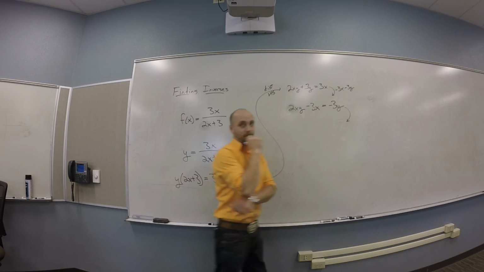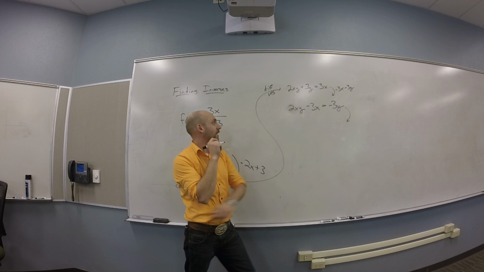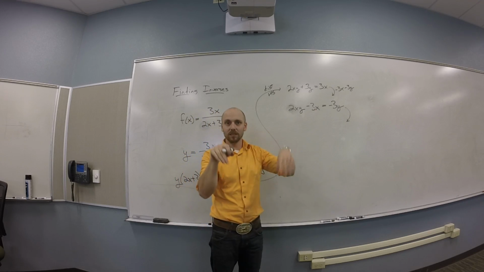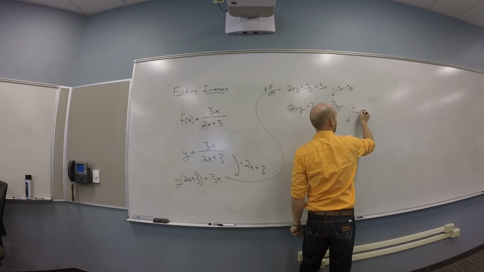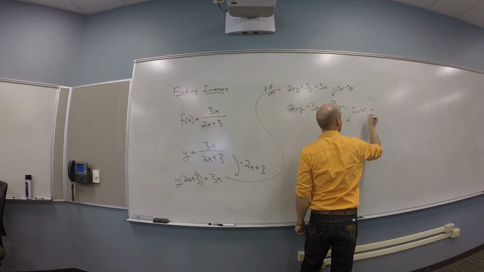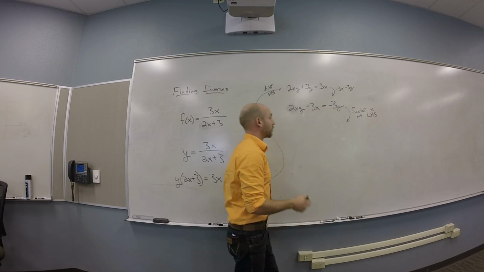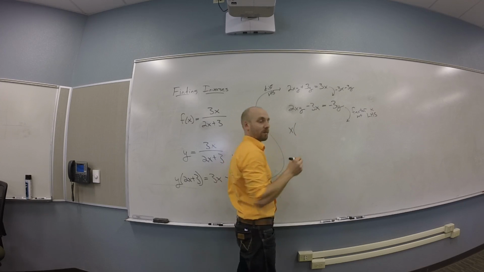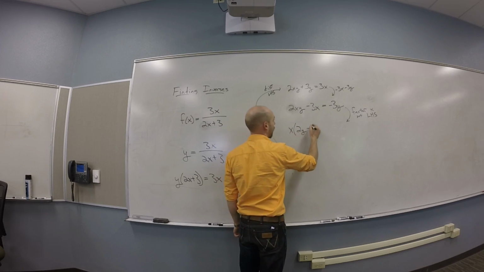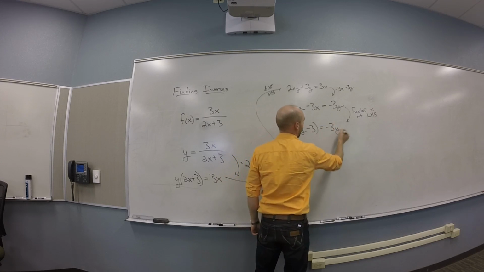Then what? Divide by y? No, because if I divide by y, I'm going to end up with an over y in this piece. Factor out an x on the left-hand side. Good. I need to isolate x. So by factoring x out on the left-hand side, I'm going to have x times 2y minus 3, and that's equal to minus 3y.